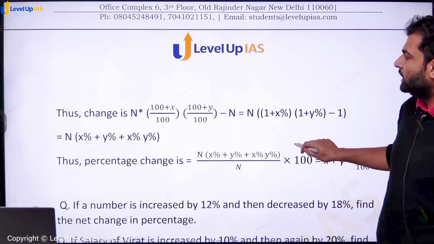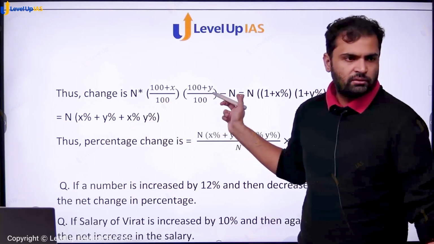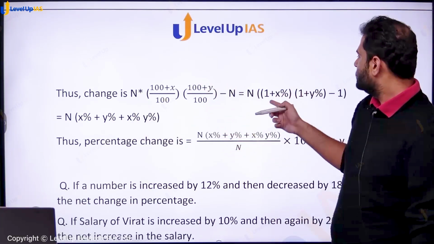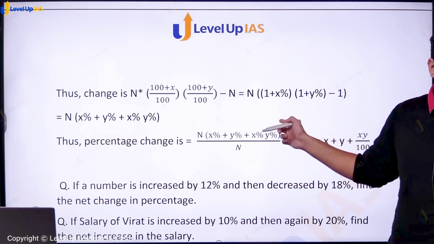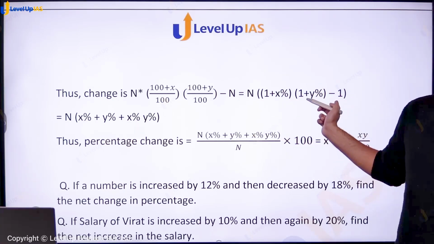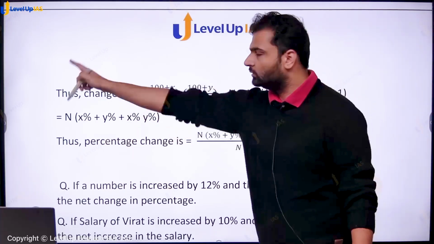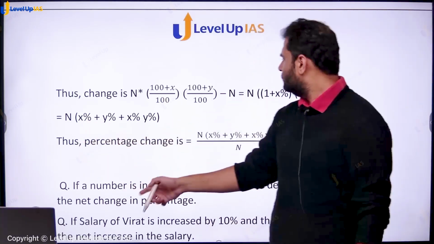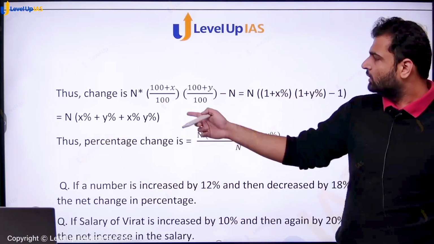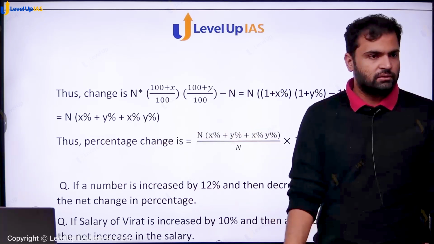Thus the change is new number minus old number. This is this. Again I can take n common. 1 plus x%, 1 plus y% minus 1. I have taken n as common from both the numbers, subtraction. This becomes n into x% plus y% plus x% y%.